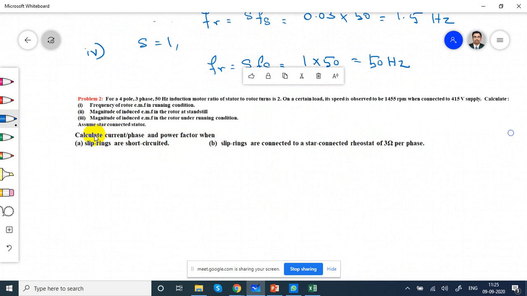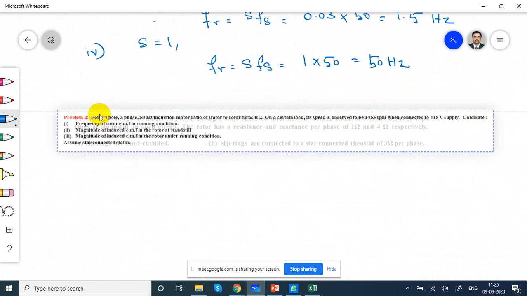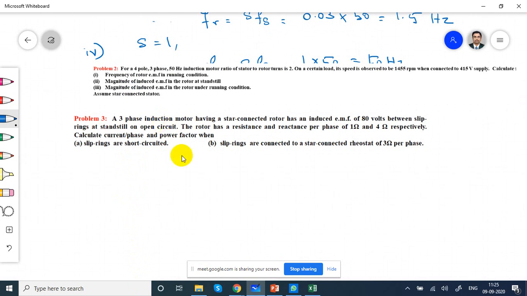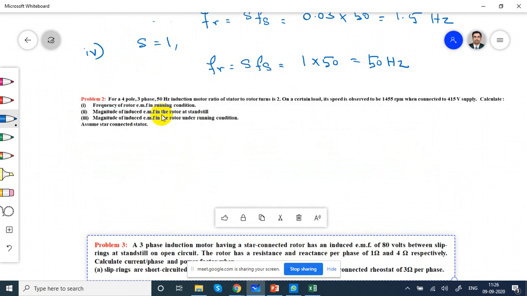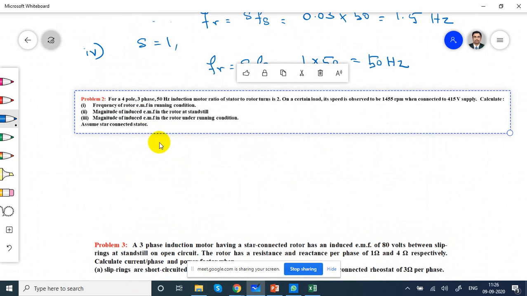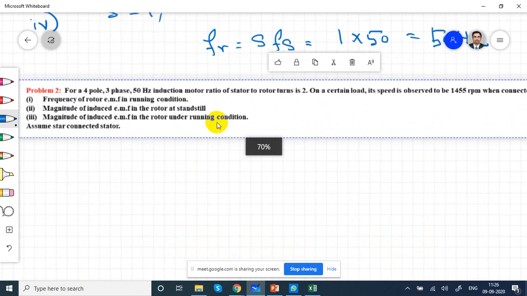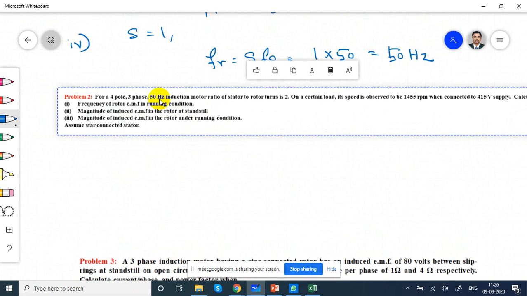The second problem, problem number 2. One second. For a 4-pole 3-phase 50 Hz induction motor, the ratio of stator to rotor turns is 2.